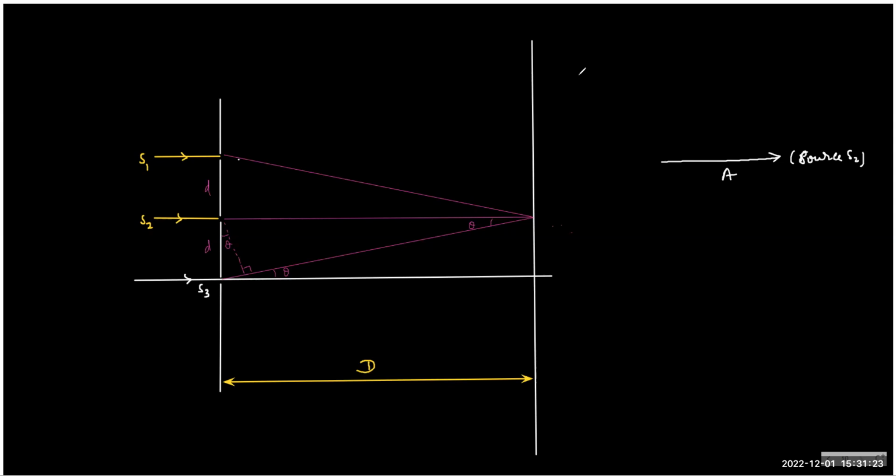Because the one which is traveling more will reach first in the time frame. So it is leading by a phase difference, let's say between 1 and 2, and the phase difference between 2 and 3. Both will be the same: 2 pi by lambda into d sin theta.